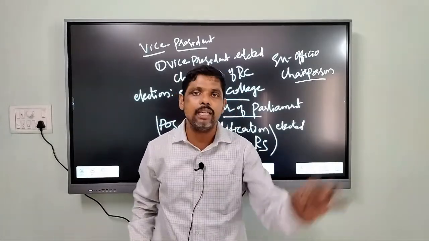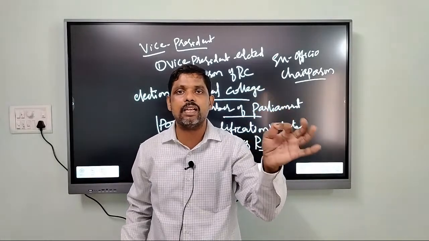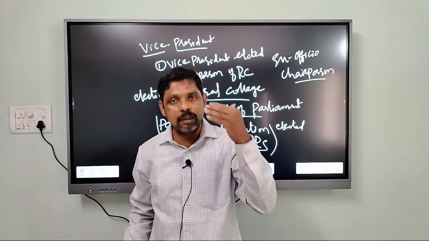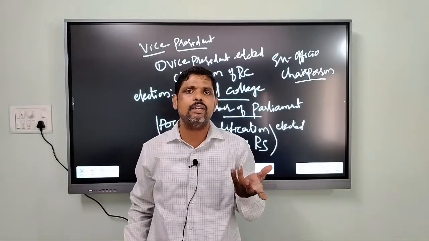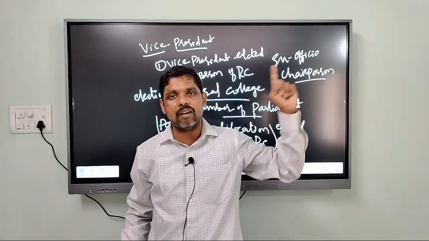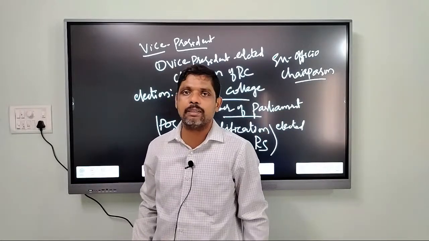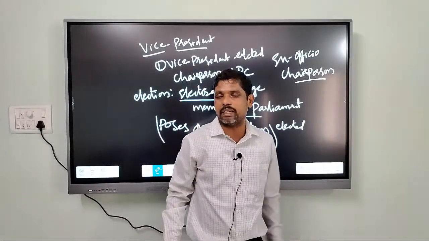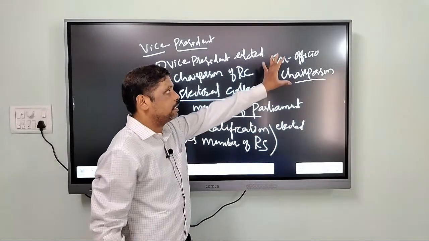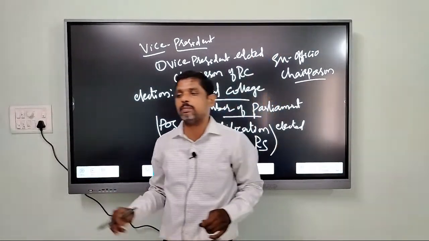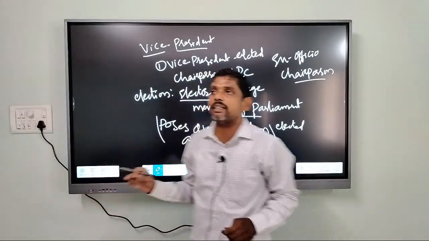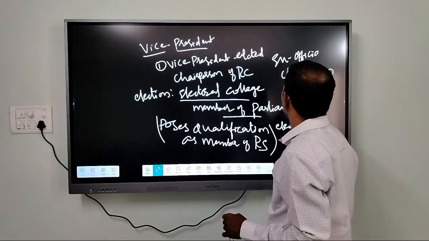So constitutionally he acts as chairperson of Rajya Sabha, and performs all the functions of a chairperson of Rajya Sabha. Right? I will discuss this when I teach both the Lok Sabha and Rajya Sabha, that is when I teach Union Parliament. But as of now, remember that the constitutional responsibility of Vice President is to act as ex officio chairperson of Rajya Sabha.